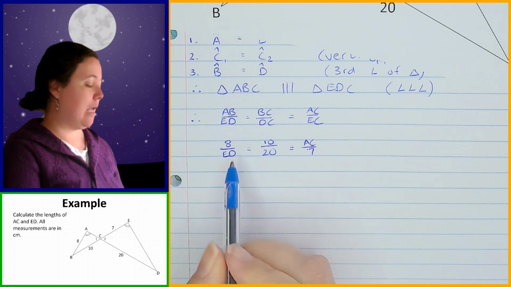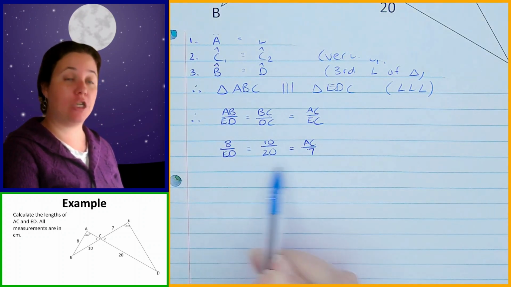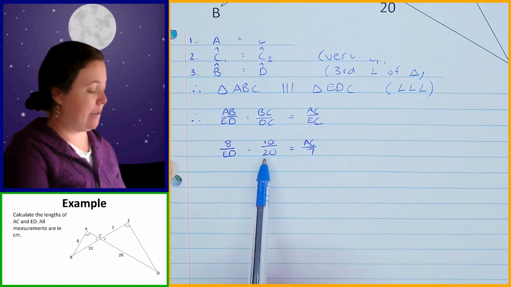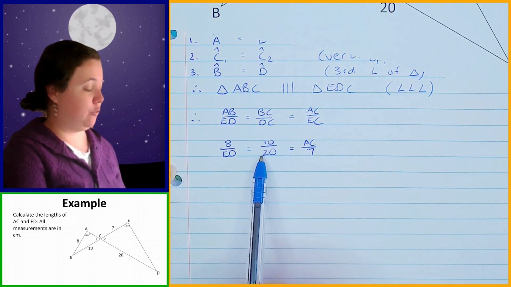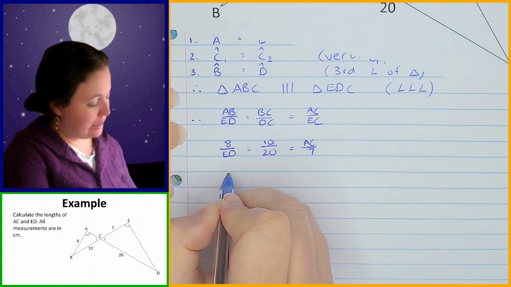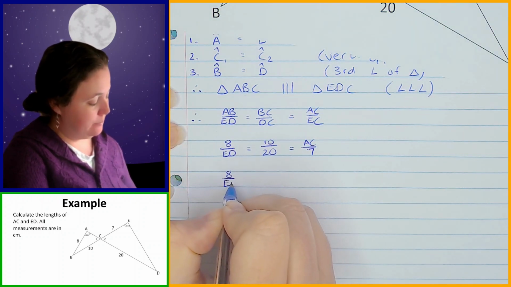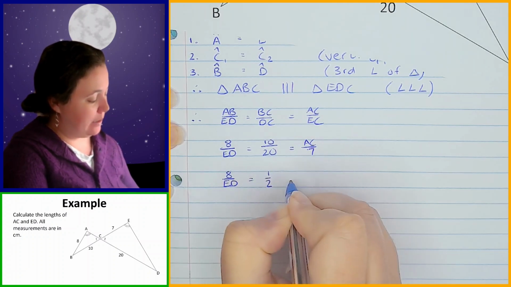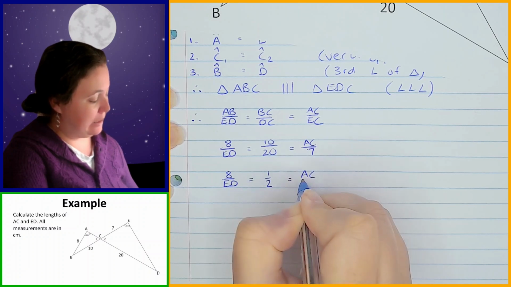Okay, so now I've got 3 fractions over here. 2 of them have an unknown in them, but one of them has got both values. So 10 and 20. I'm going to go and simplify that. So I can say 8 over ED equals 10 over 20 is the same as a half, equals AC over 7.